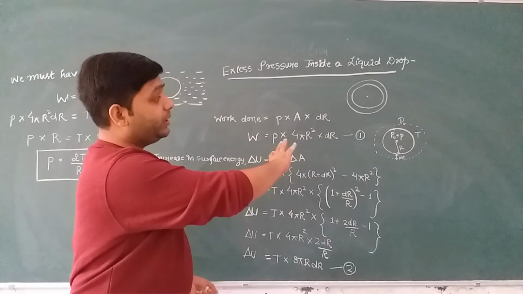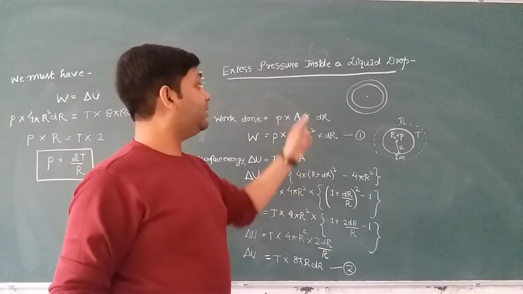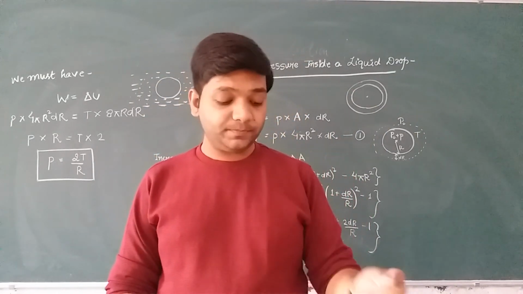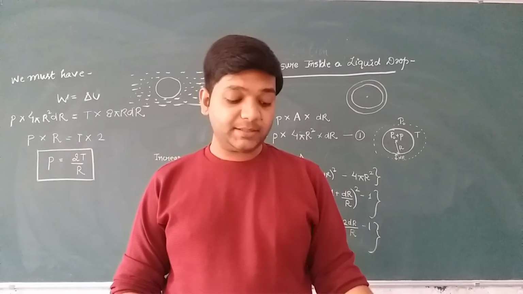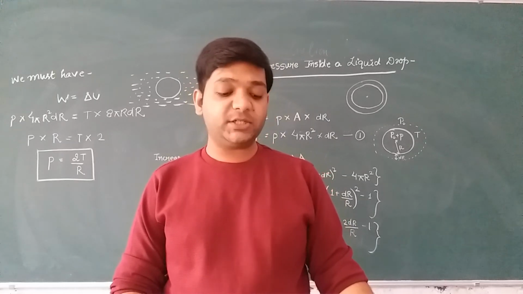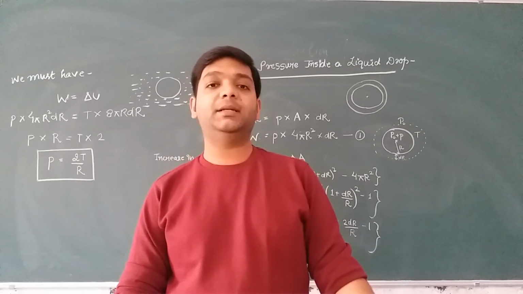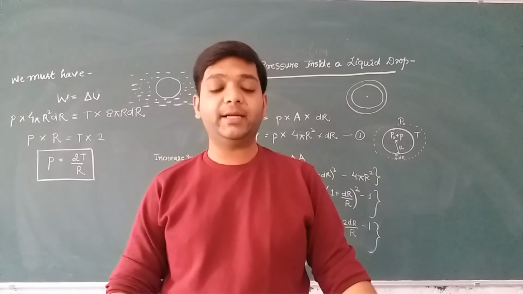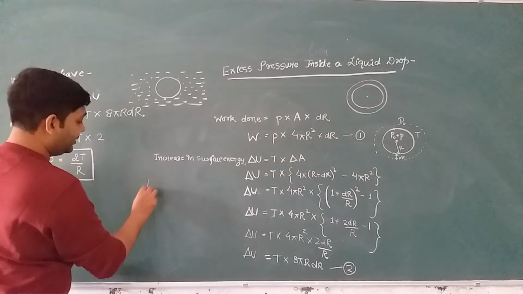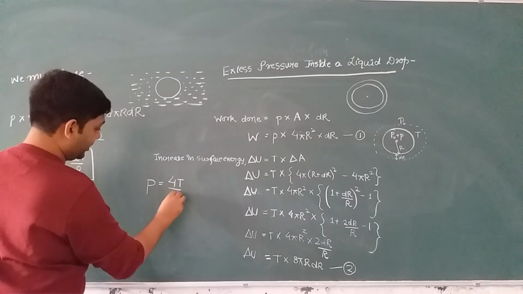So ये चीज समझ आनी जरूरी है कि why the value of excess pressure is double that in case of a soap bubble. ठीक है, so please write down the excess of pressure inside a soap bubble is given by P is equal to 4T upon r.